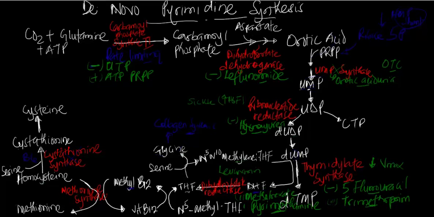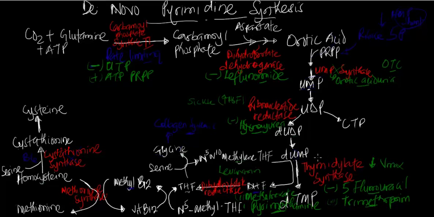So if somebody has B12 deficiency or folate deficiency, we will not be able to convert the UMP to dTMP, and this can lead to a decrease in DNA synthesis. That's why someone who has folate deficiency or B12 deficiency can also have megaloblastic anemia.